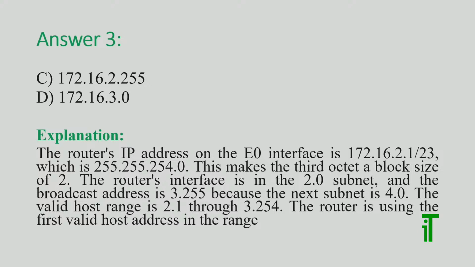All right, so we can see 172.16.2.255 is on the network, and 172.16.3.0 is also on the network. And there's an explanation that has been given.